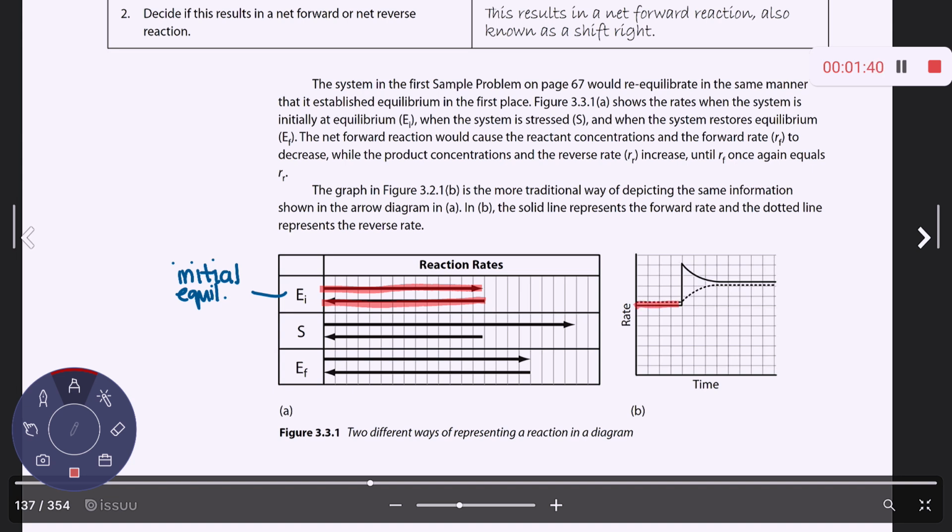The solid line is the forward rate. The dashed line is the reverse rate, okay? Now, remember how I said that anytime you increase the concentration of something, look at where it is, and that's how you determine which rate will increase. Since we increased reactant, we are increasing the forward rate, okay?